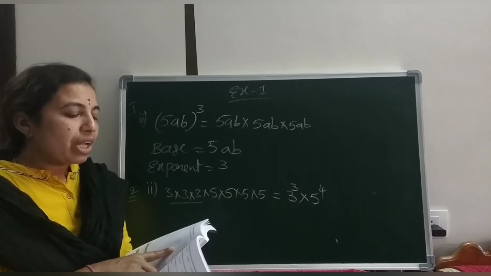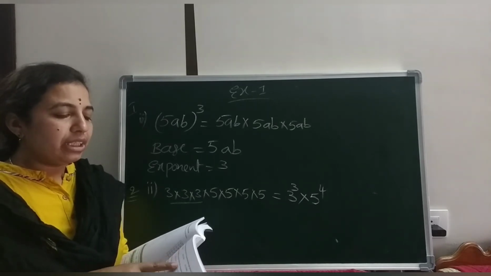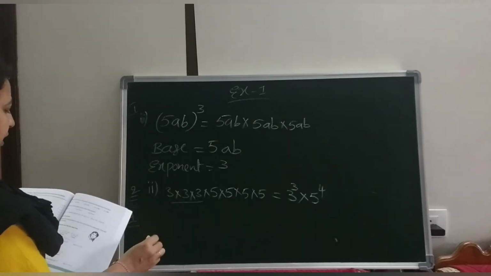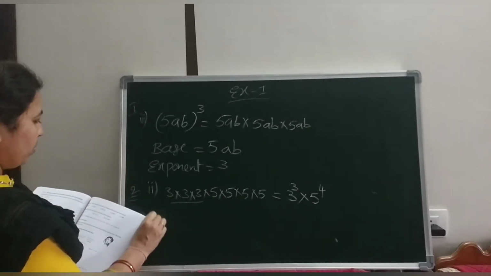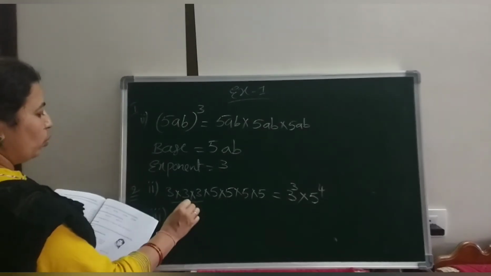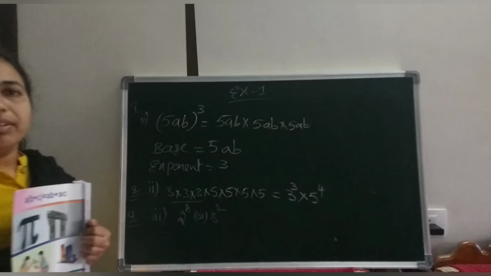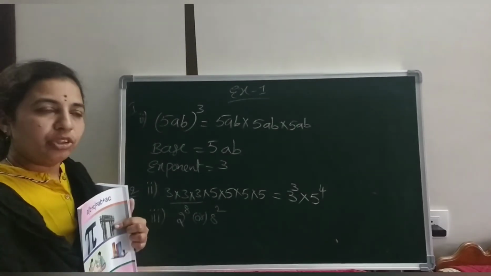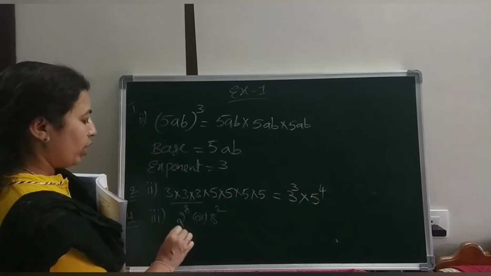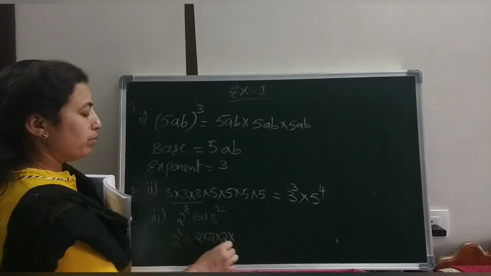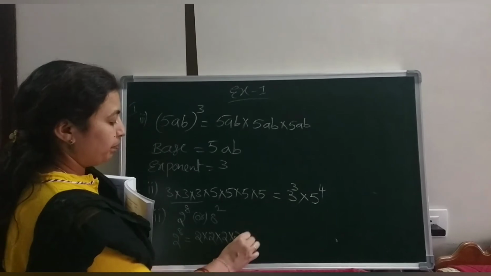Next, fourth bit. Identify the greater number in each of the following pairs. See, I will do the third one. 2 to the power of 8 or 8 square. So directly you should not say which one is greater or which one is smaller. First you should find the 2 to the power of 8 value. What is the 2 to the power of 8 value? 2 into 2 into 2 multiplied 8 times.